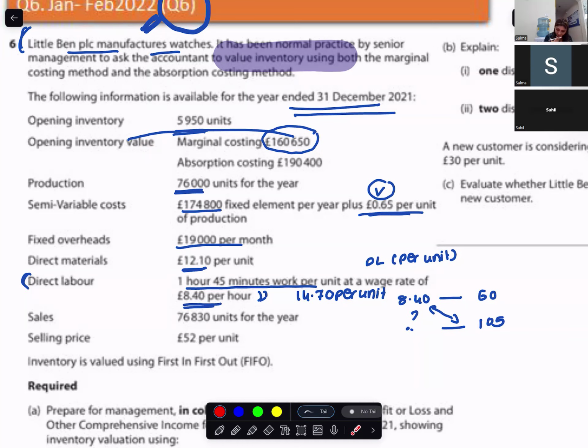Your sales is 76,830, selling price is 52. Inventory is valued using the FIFO method. That means the inventory that comes in first is sold out first. When I say inventory that comes in first is sold out first, that means your opening inventory will be sold first.